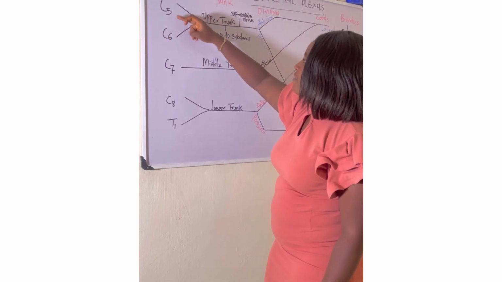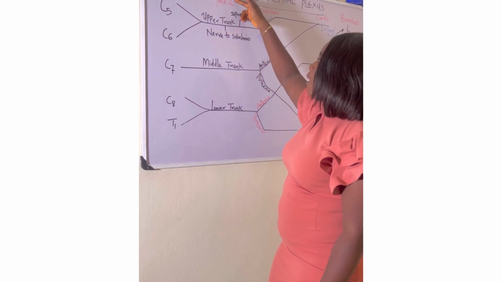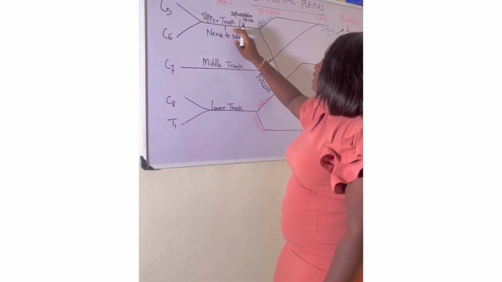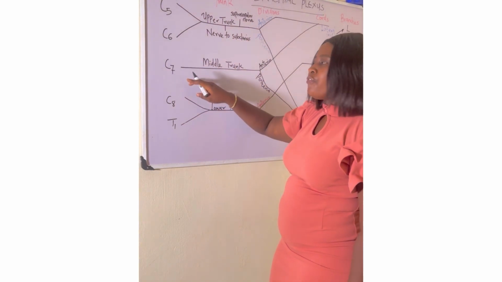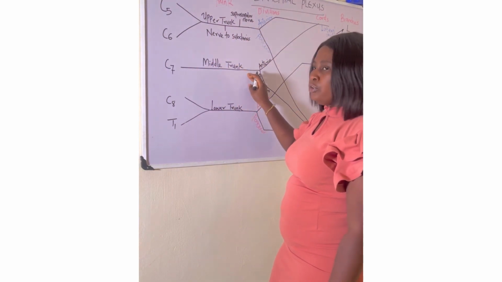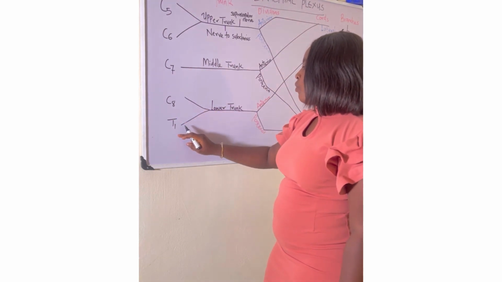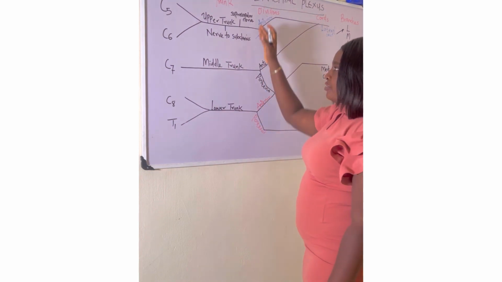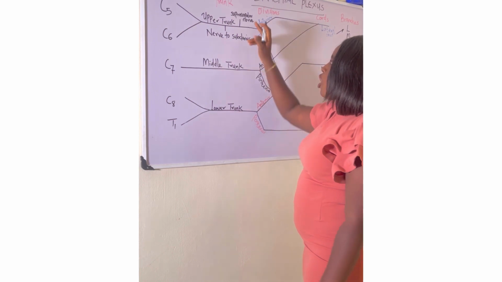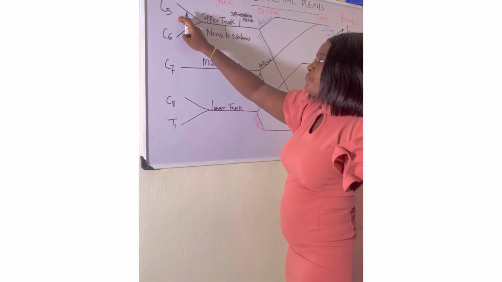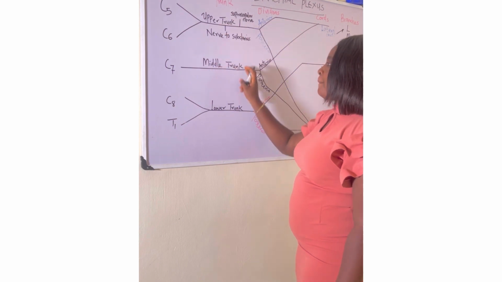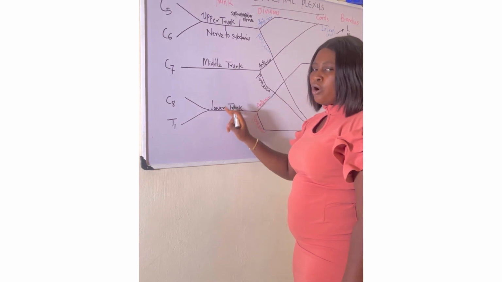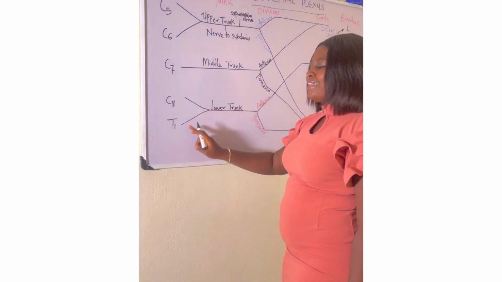The C5 and C6 together form the upper trunk, while the C7 forms only the middle trunk, and the C8 and T1 together form the lower trunk, which simply means that the brachial plexus has 3 trunks: the upper trunk formed by C5 and C6 roots, the middle trunk formed by the C7 only, and the lower trunk formed by the C8 and the T1.